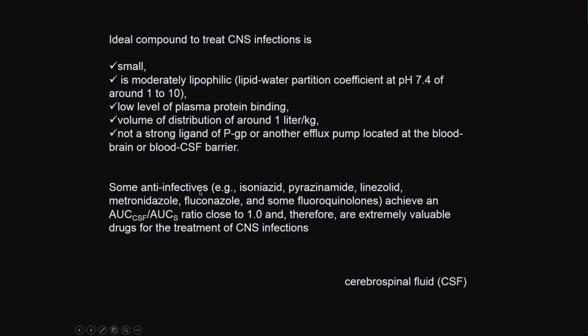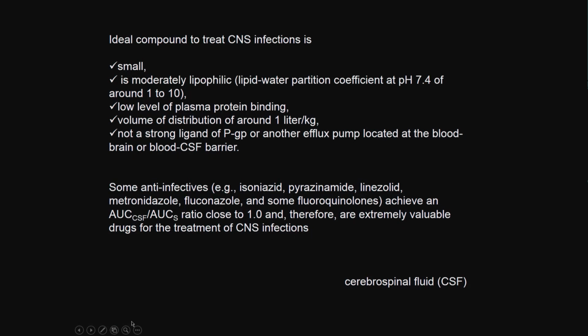For example, some anti-infectives like the tuberculosis drugs isoniazid, pyrazinamide, linezolid, metronidazole, fluconazole and some fluoroquinolones achieve a good CSF to blood ratio, close to 1. Therefore, they are very valuable drugs for the treatment of CNS related infection.